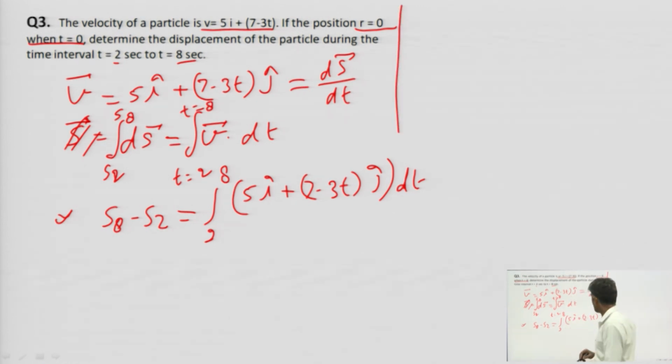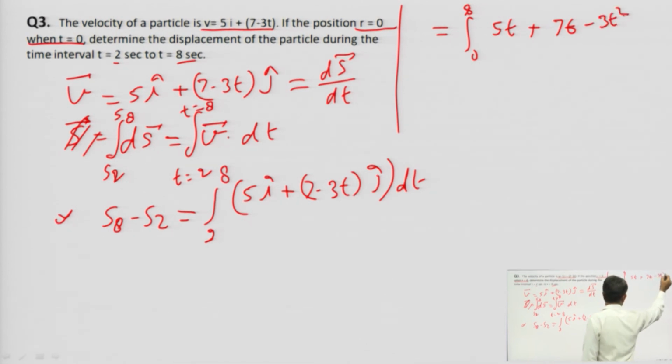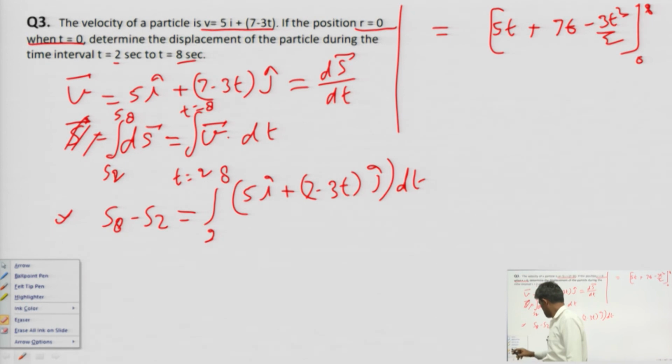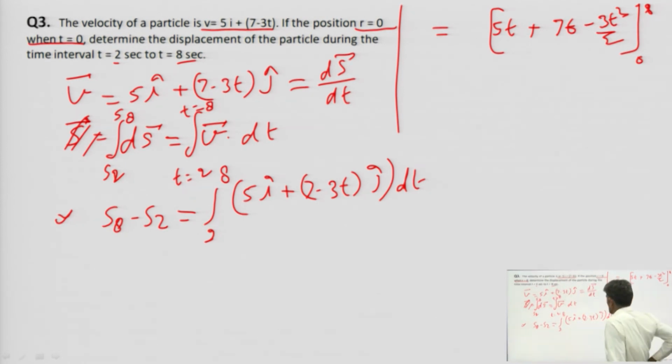So it integrates to 5t i cap plus (7t minus 3t square by 2) j cap.